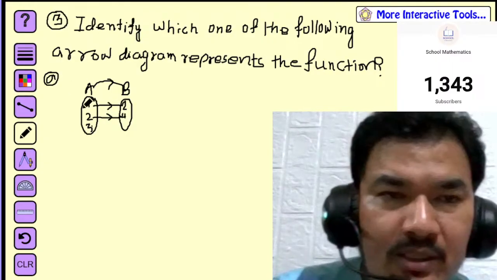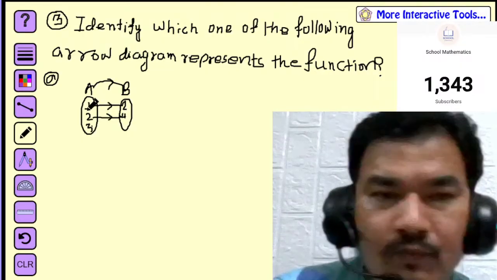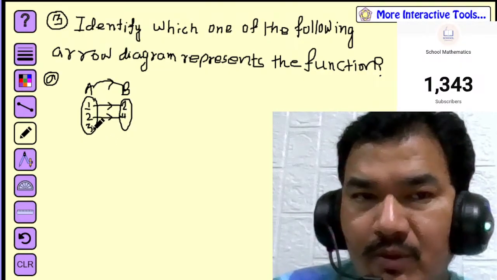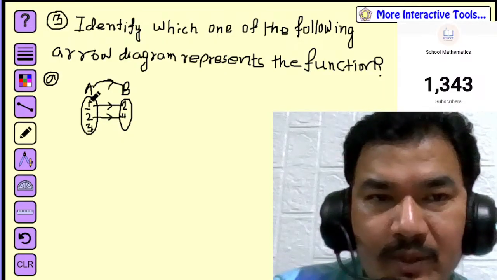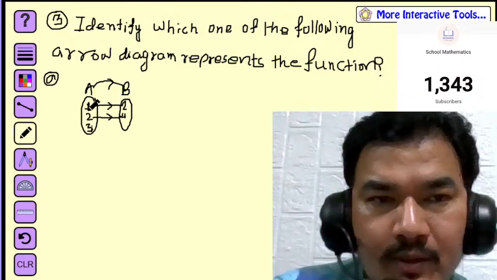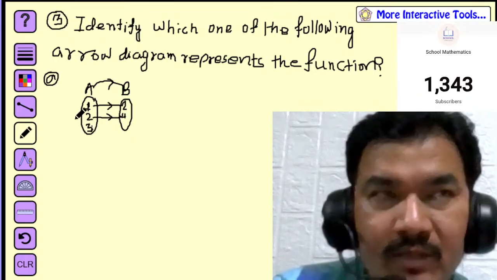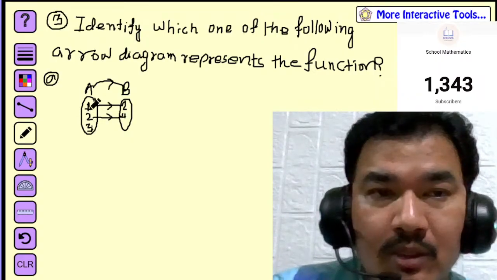In this case, look here, this is not a function because according to the definition of a function, each element of this first set must have this.